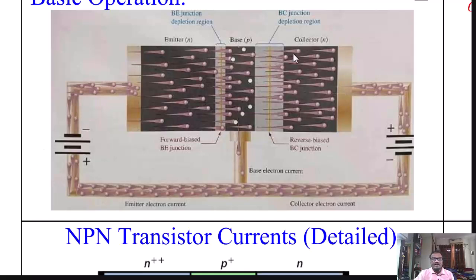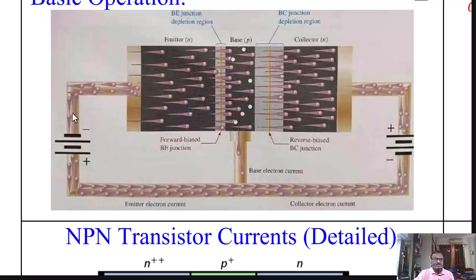Now here it is an NPN device. So to keep the base to emitter junction forward bias, we connect the emitter area to the negative of the power supply and the base area to the positive terminal of the power supply.